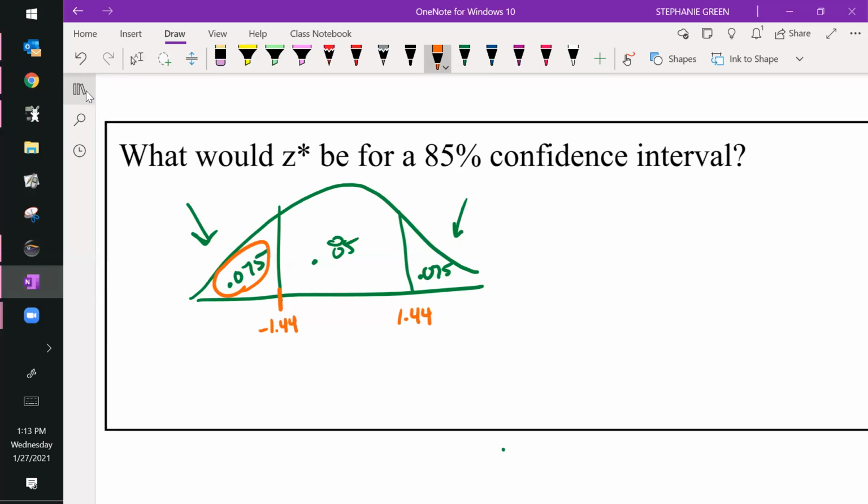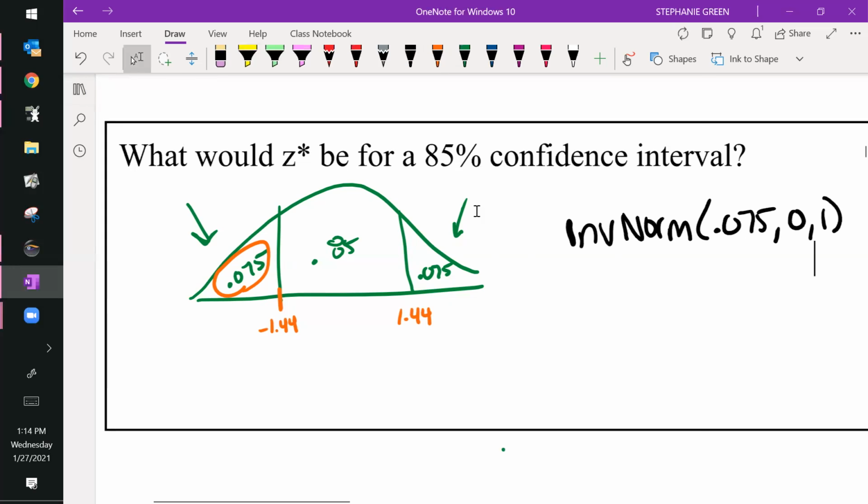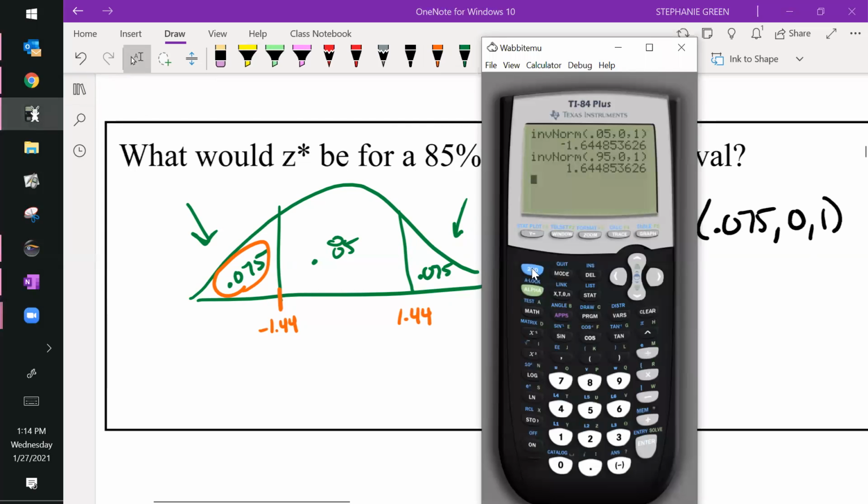Okay, let's check it using our graphing calculator. On my graphing calculator, I'll go to inverse norm, and I'll put in an area of 0.075 in a standard normal curve, so mean 0 and standard deviation 1. And there we go, we get the exact same thing, negative 1.44.